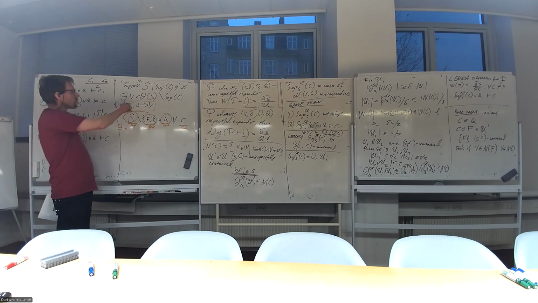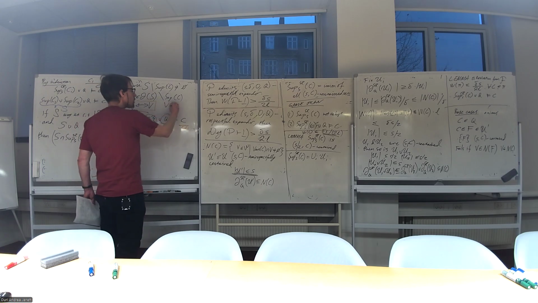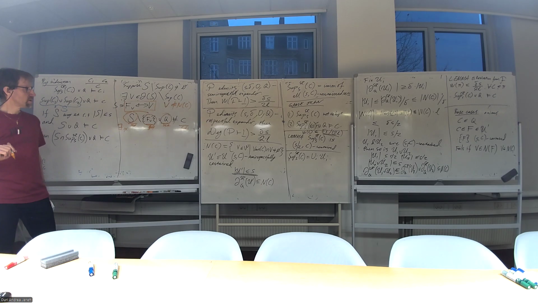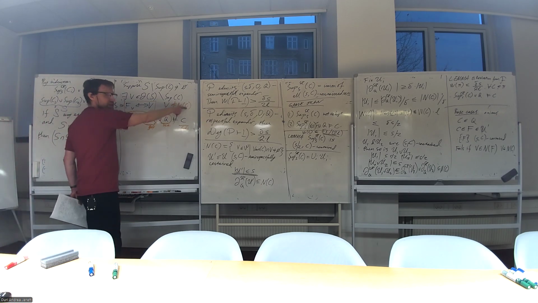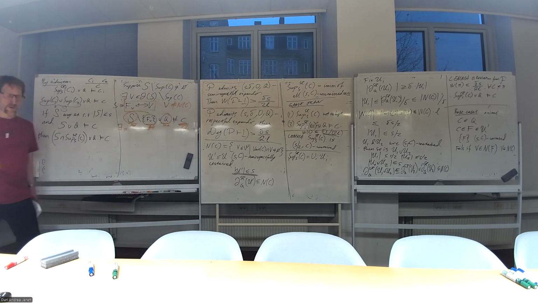But V, by assumption, is not contained in C, right? So in particular, V doesn't share any variables with C. So this is still false. But now I'm satisfying this, and I'm satisfying this, and I'm violating C. That's impossible. And now I'm done.